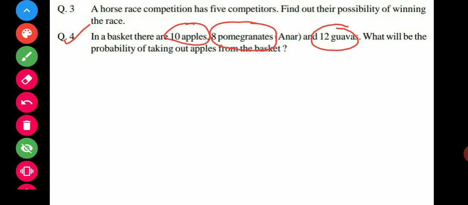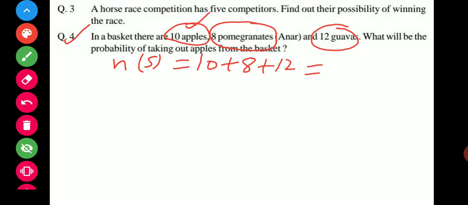Apples की probability बतानी है. Apples are 10 only. So first of all, the total number of events which are happening or not happening is 10 plus 8 plus 12. So it becomes 30. And out of 30, the apples are only 10.